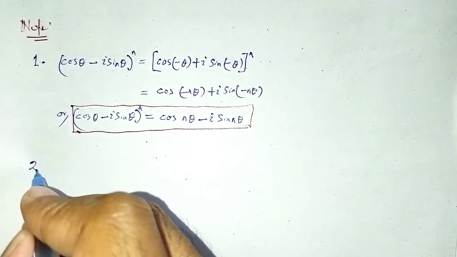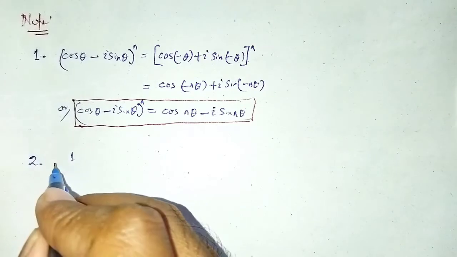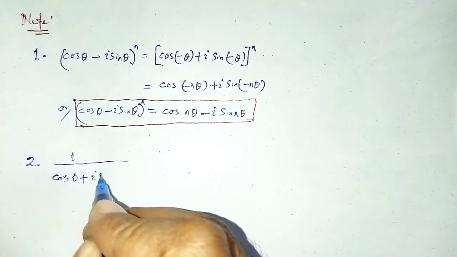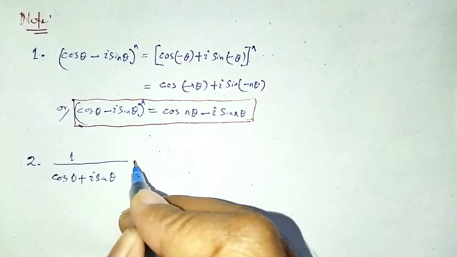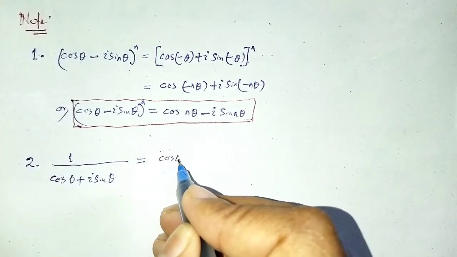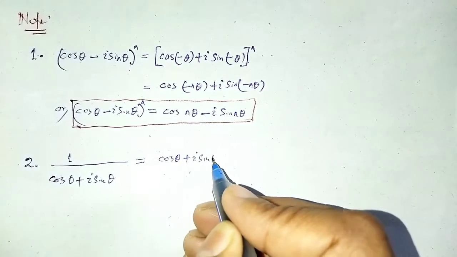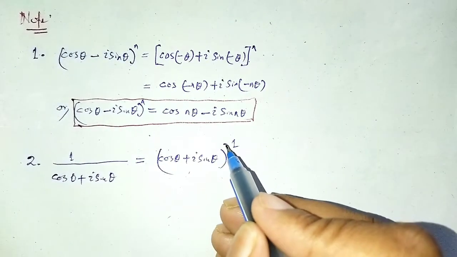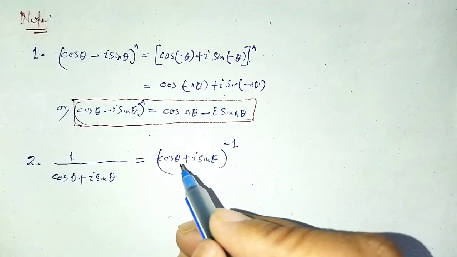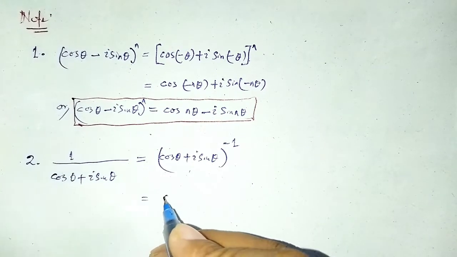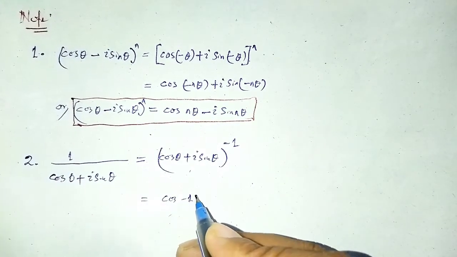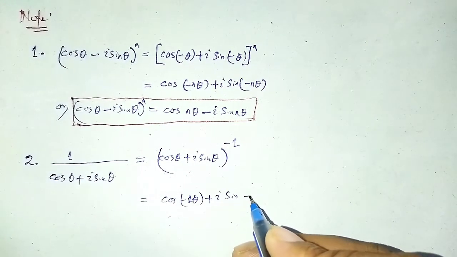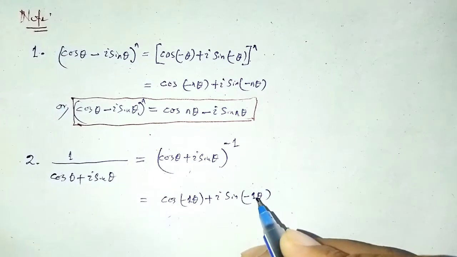Next, same thing, when we refer 1 divided by cos theta plus i sin theta, that can be written as (cos theta plus i sin theta) to the power minus 1, that negative power also multiplied within this. So we have cos of minus 1 theta plus i sin of minus 1 theta.